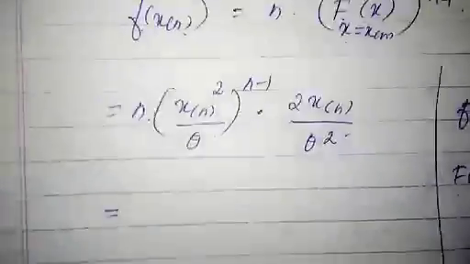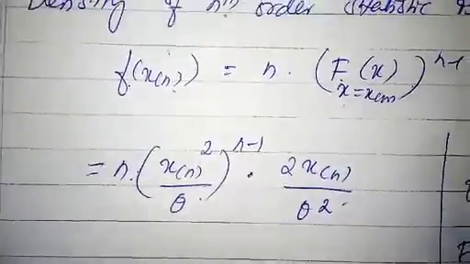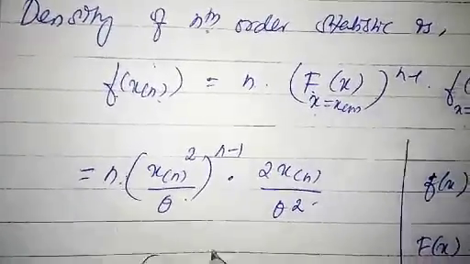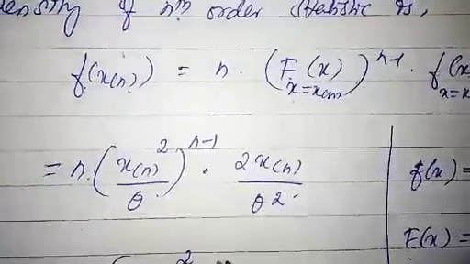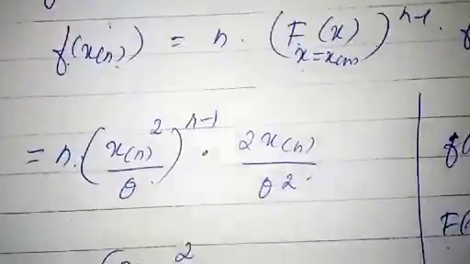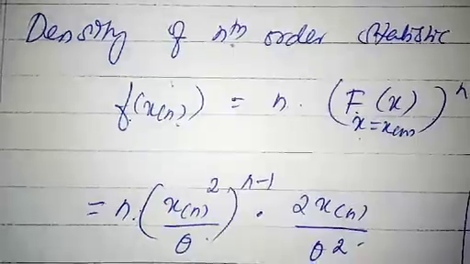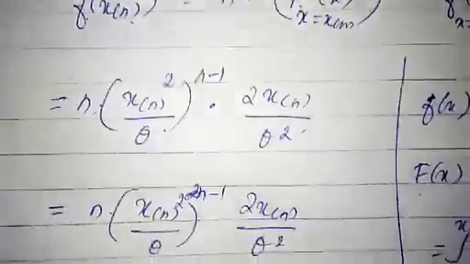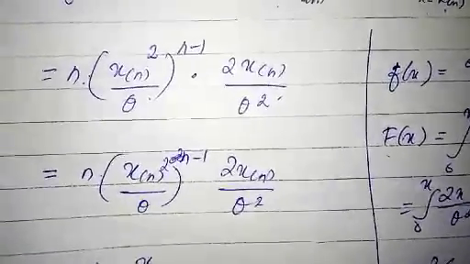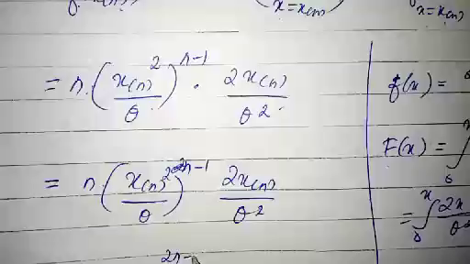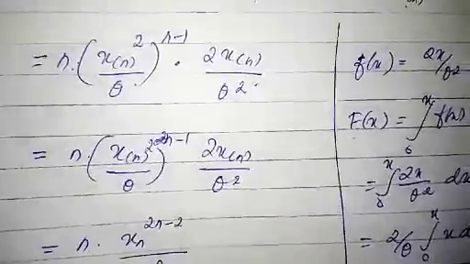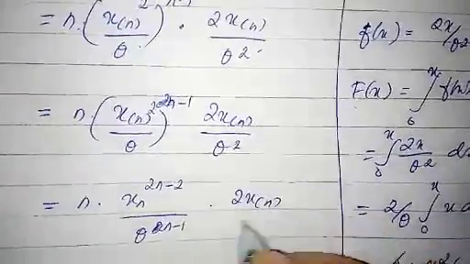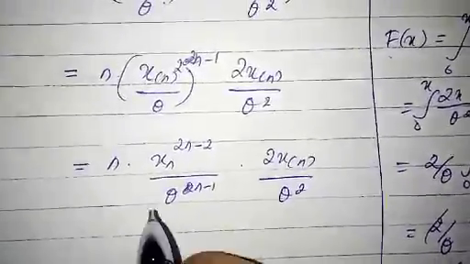So we can write this term as n into xn power 2n minus 2 divided by theta power 2n minus 2, into 2xn divided by theta square, right?